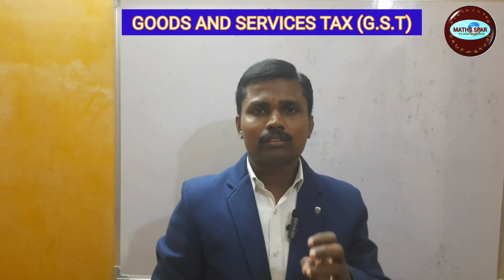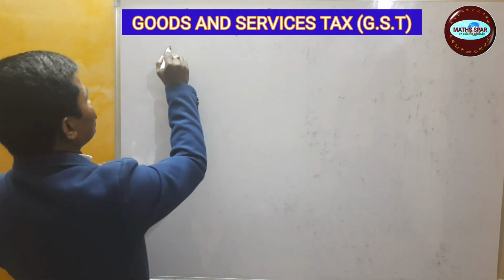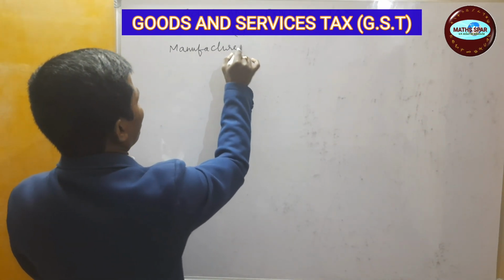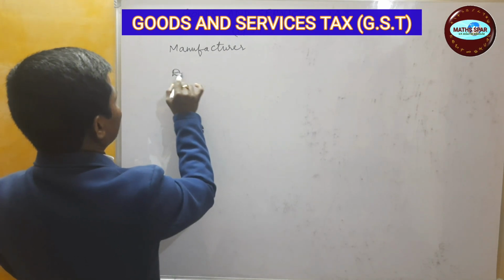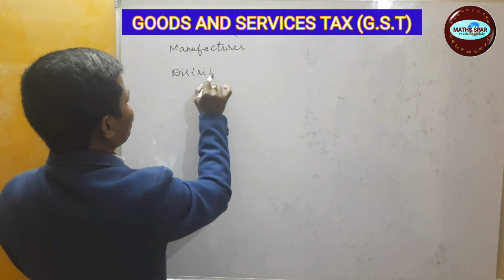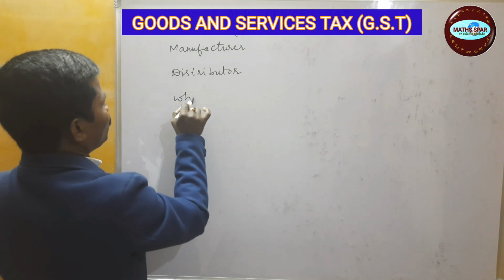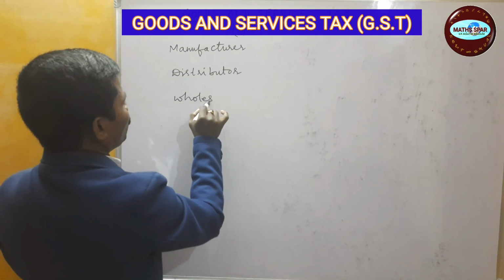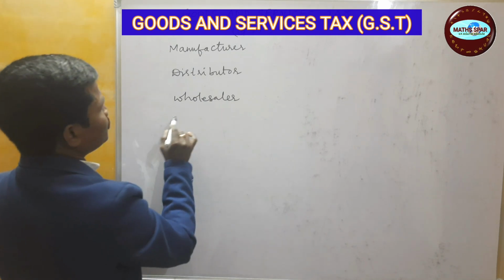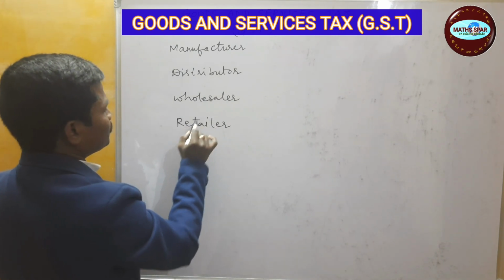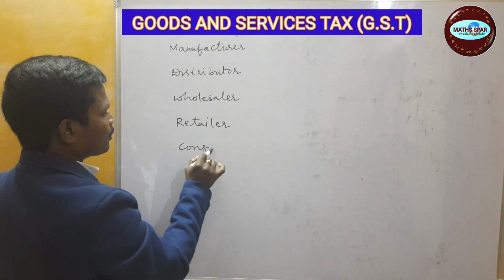There will be certain stages when a product is sold, that is manufacturer, distributor, wholesaler, retailer, consumer.